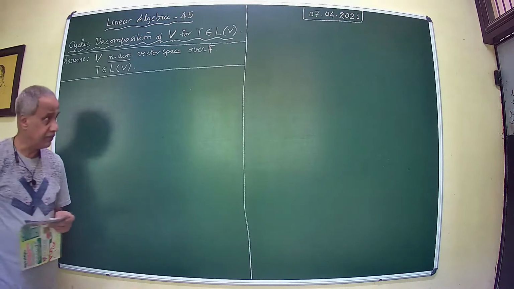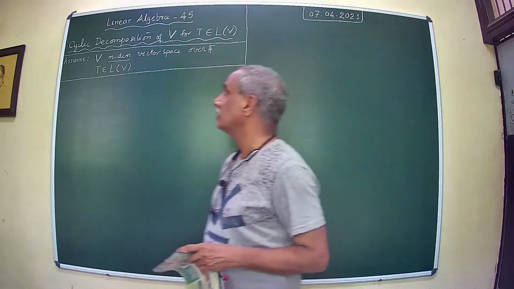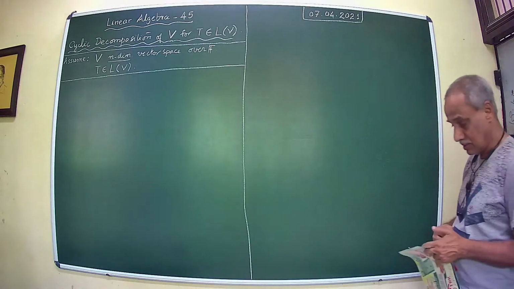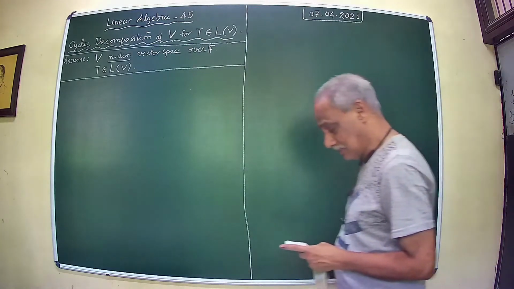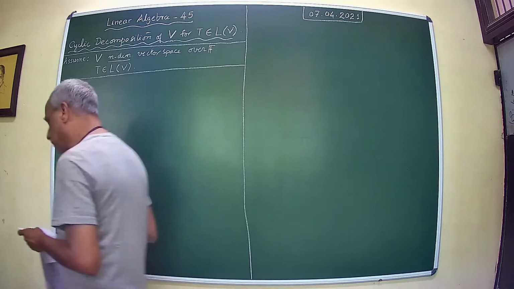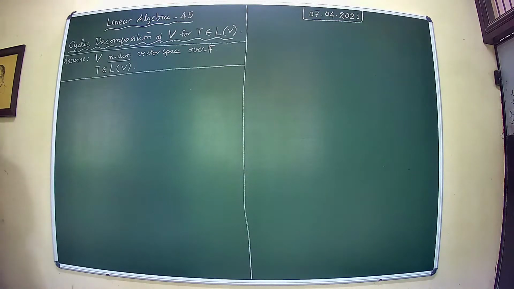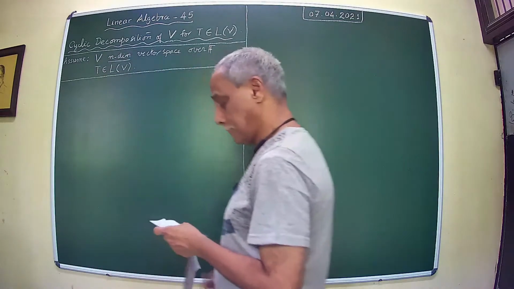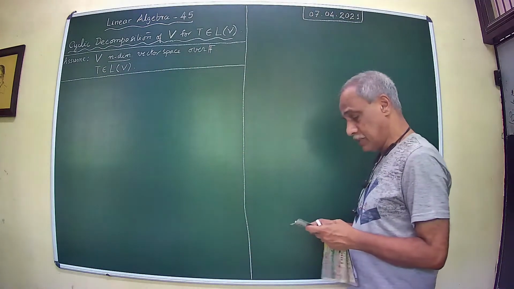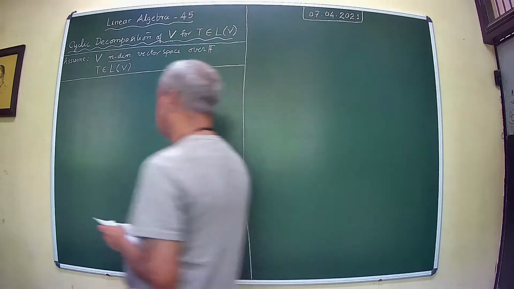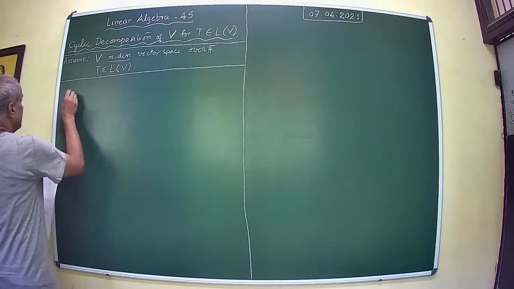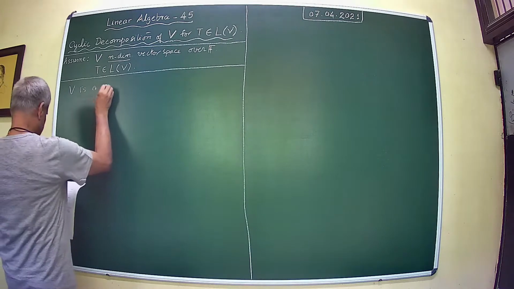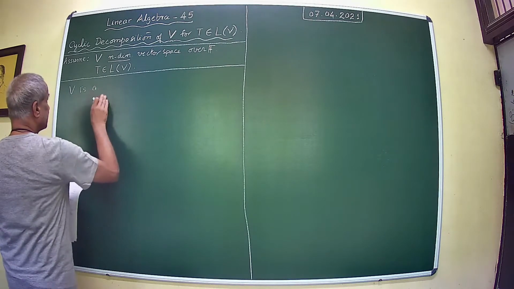We continue with our discussion on cyclic decomposition. Now let us briefly recall some of the ideas that we have explored so far. We assume that V is a d-cyclic space.